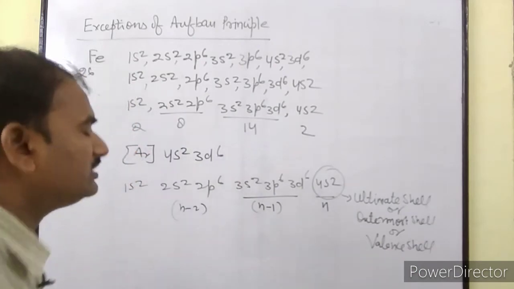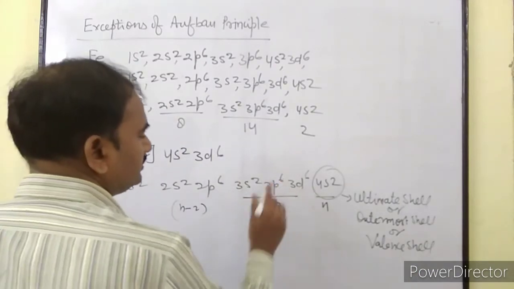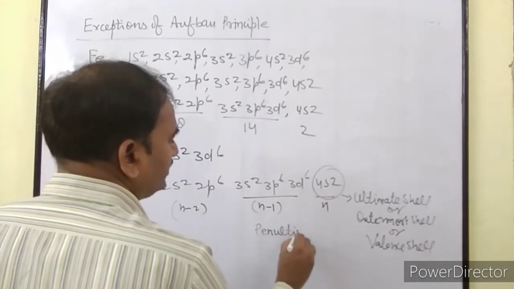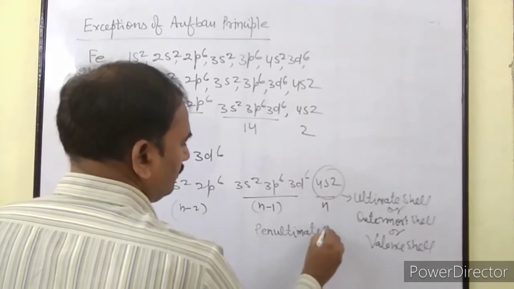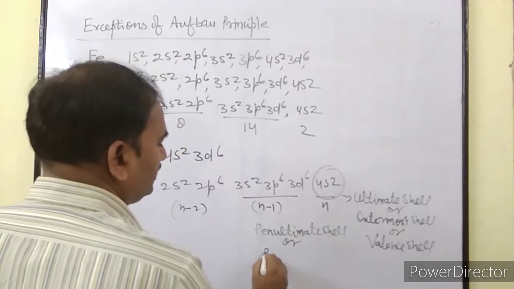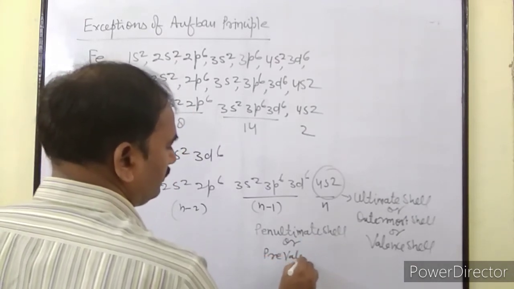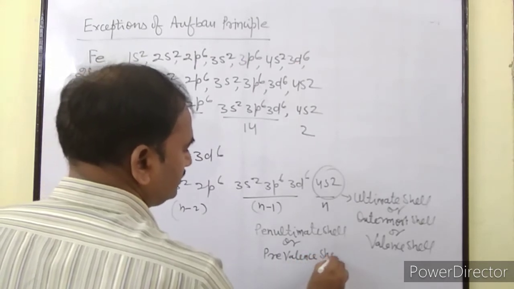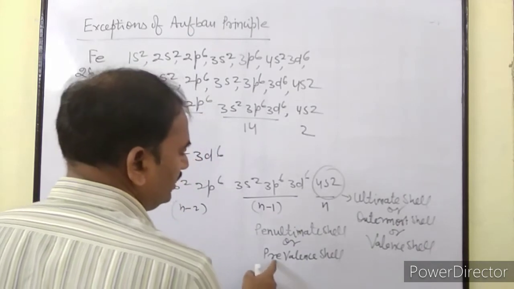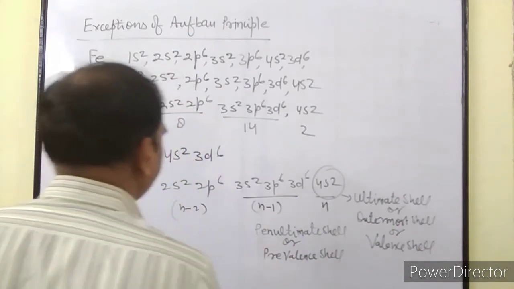This is penultimate cell or pre-valence cell, because it is just before the valence cell, so it is also known as pre-valence cell.